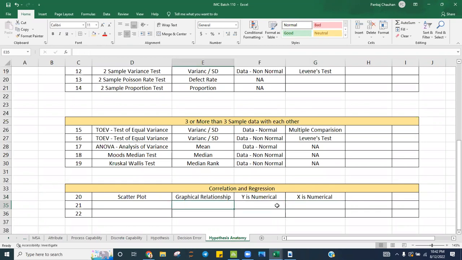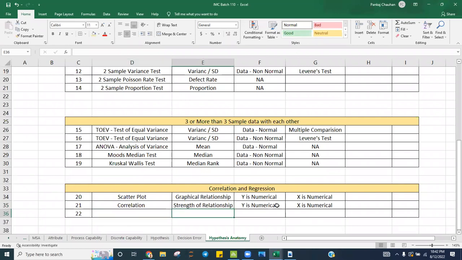And you are looking for a graphical relationship between these two variables, then we plot the scatter plot. In case you are looking for the strength of relationship between these two variables, where Y and X both are numerical, then we do the correlation analysis.